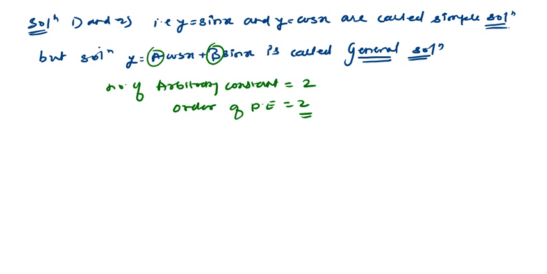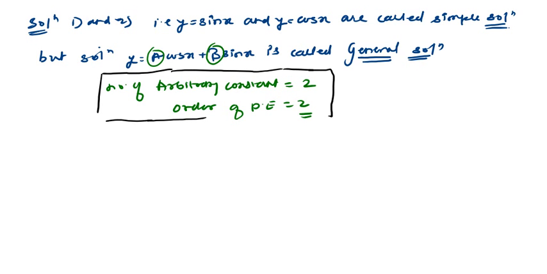So there is a relation between the number of arbitrary constants and the order of the differential equation. This is how we will form the definition for the general solution of the differential equation.